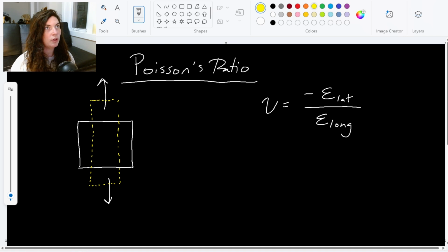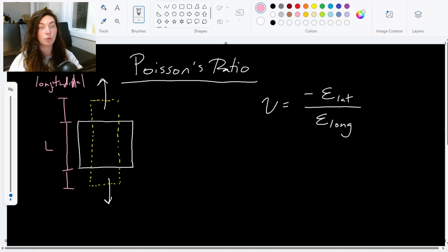So when we apply that load, we notice that the direction that we're stretching it out in had this original length of L, and then it expands on both sides. Right, so this is in the longitudinal direction. It's in the same direction as the direction we're pulling, the normal force, if you will.